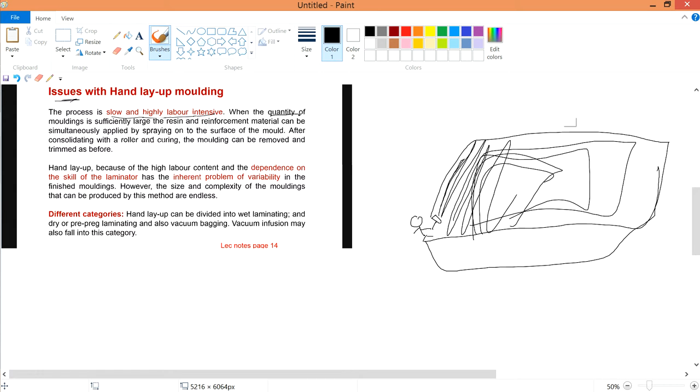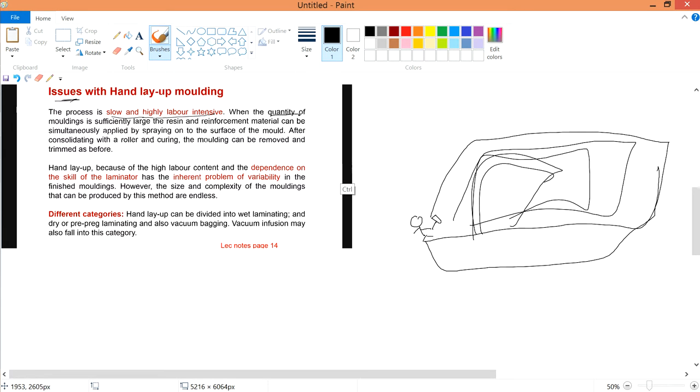You roll until tomorrow also cannot finish, right? So what you can suggest is that you can actually spray it on the surface. As such, the spraying part instead of the roller part is taking into consideration that we are dealing with large parts.